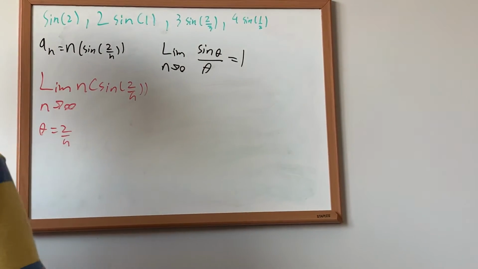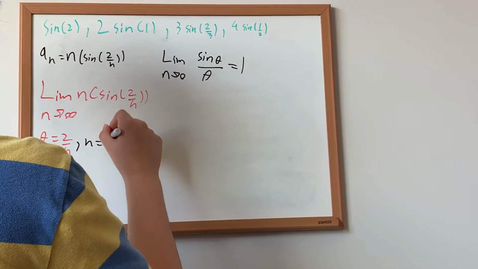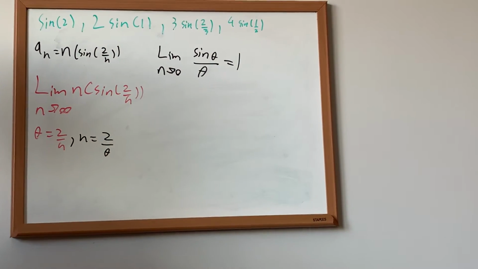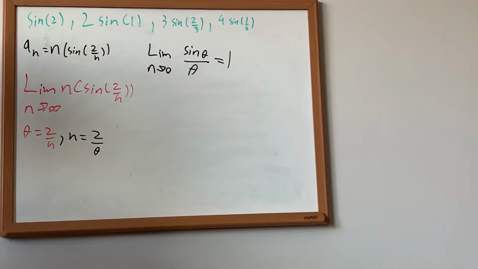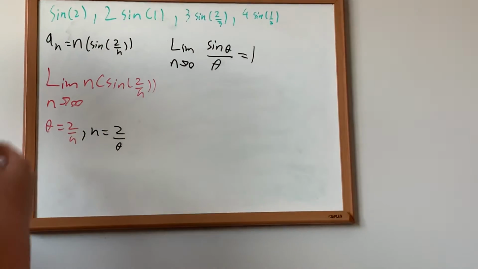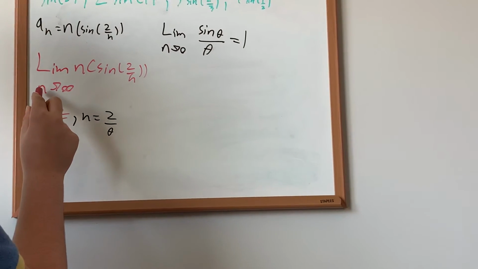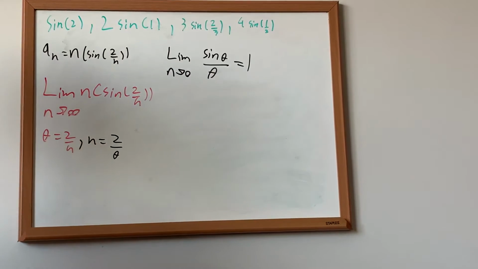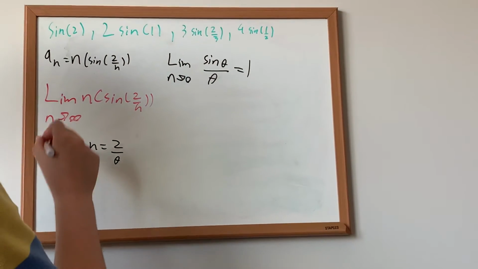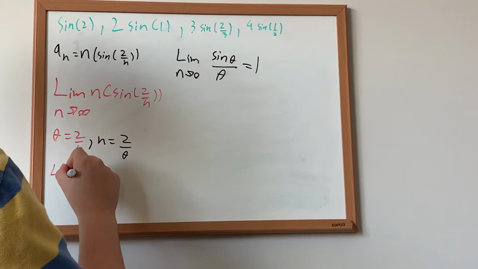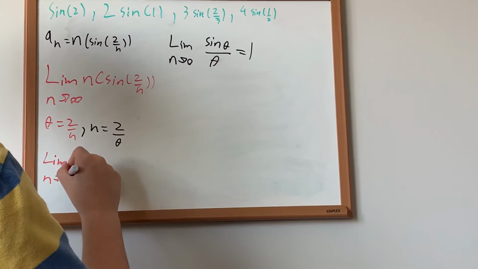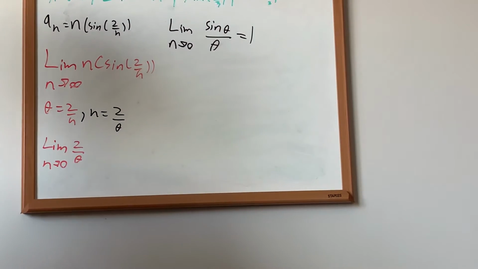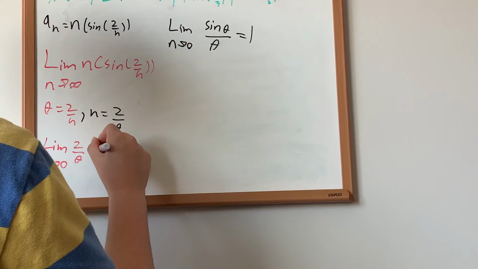So we can write that n is equal to 2 over theta. Now we can plug in. Because we are changing variables, the number that the variable approaches also changes, and we get theta approaching 0. So we use this substitution to write the limit as theta approaches 0 of 2 over theta, times sine of theta.